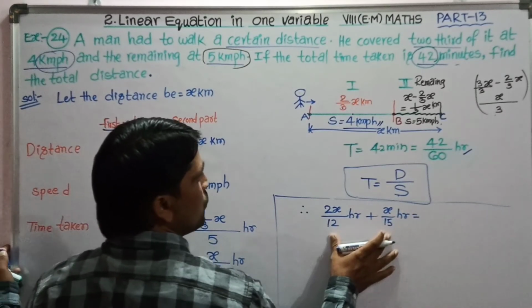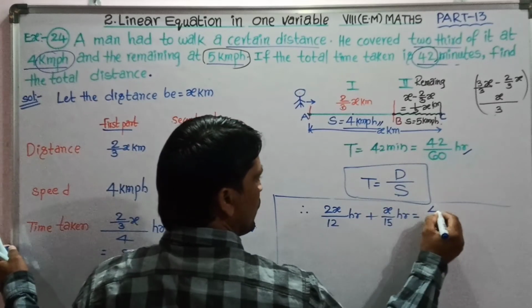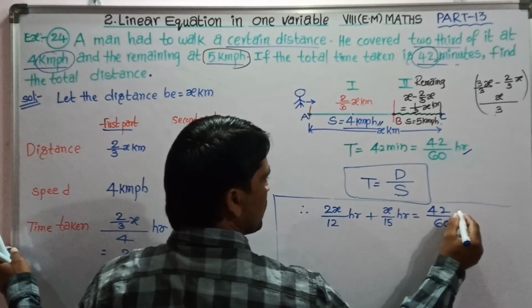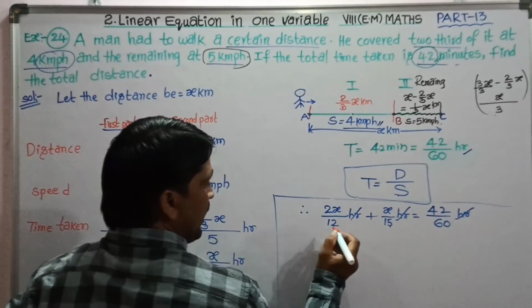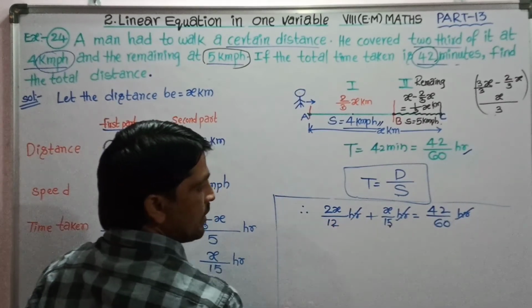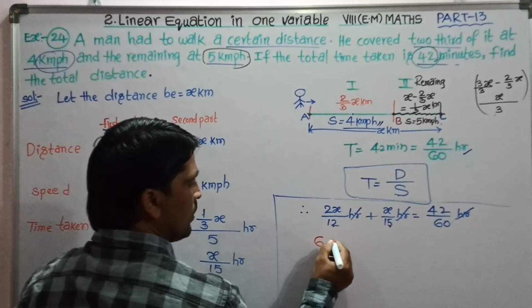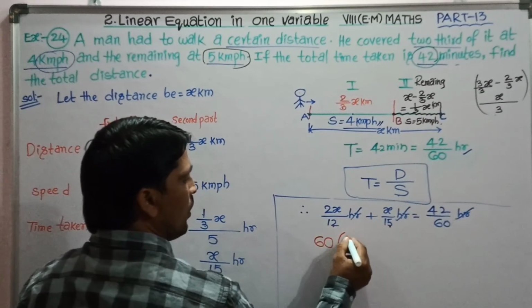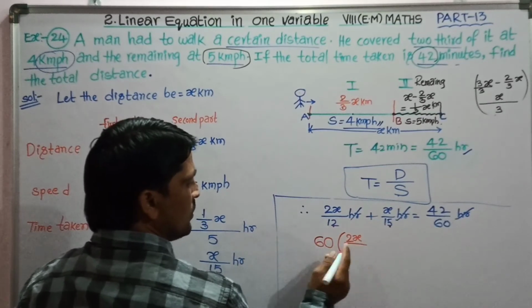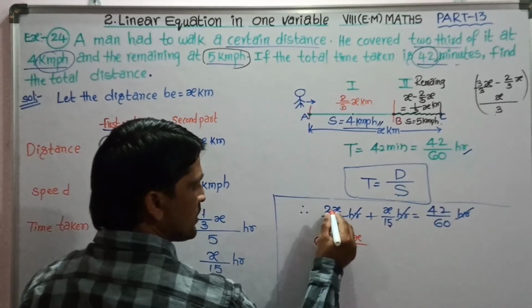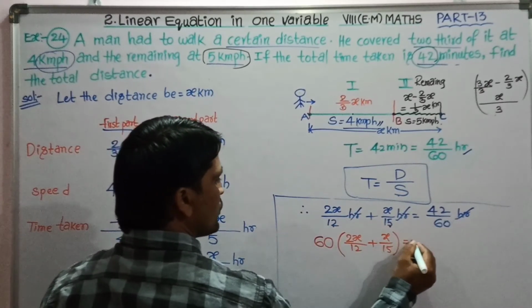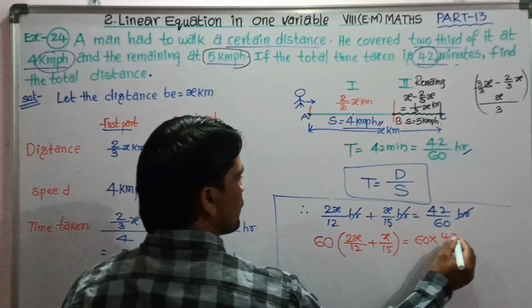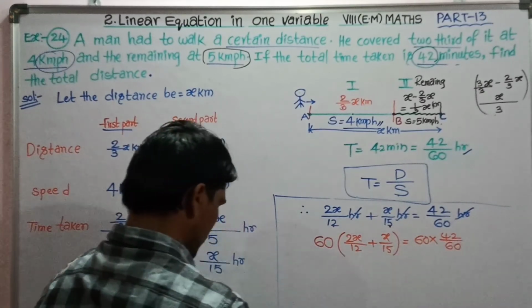The sum of these two times is equal to 42 by 60 hour. Hour gets cancelled. Now the LCM of 12 and 15 is 60. So multiply with 60 on both sides of the equation. That is 60 times the LHS, 2x by 12 plus x by 15, equal to 60 times the RHS, 42 by 60.